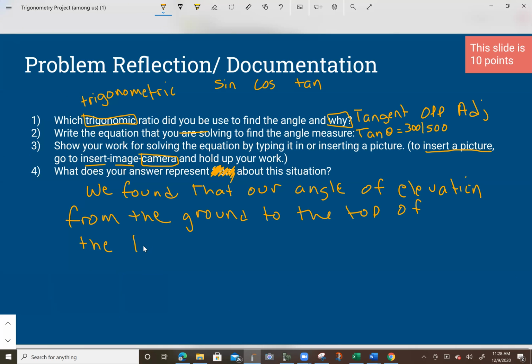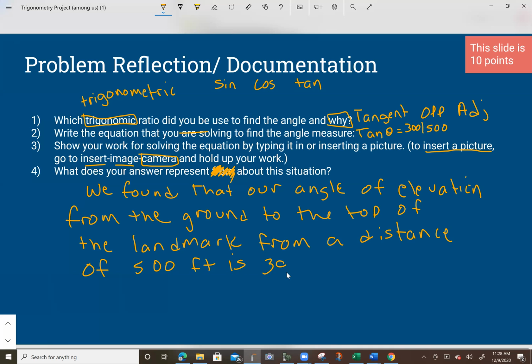I'm writing a lot. Landmark. There's one more piece of information I want to get in there. From a distance, because the angle will be different if I'm standing a different distance away. From a distance of 500 feet is, I still have to put what I got, is 30.96 degrees. Okay, so all of that for this one.